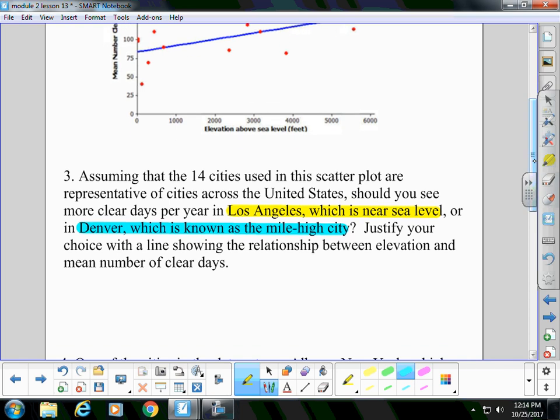Then they said justify your choice with the line showing the relationship.